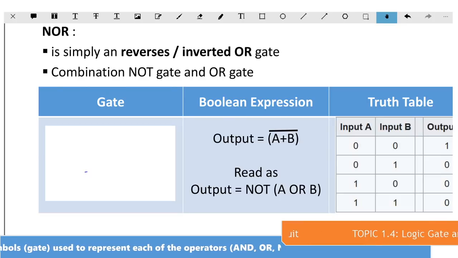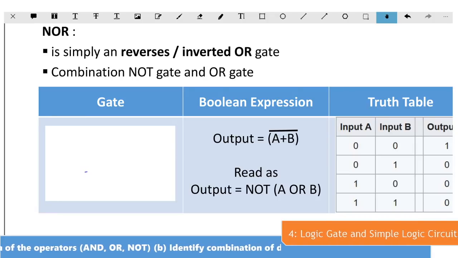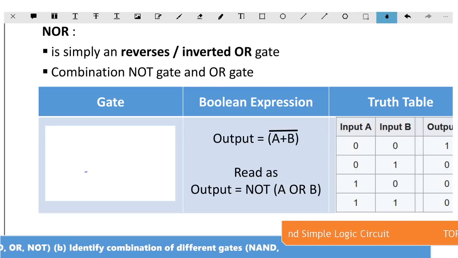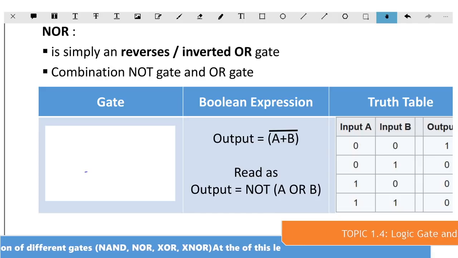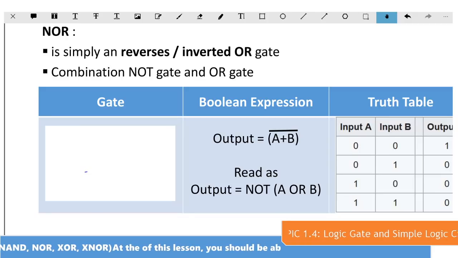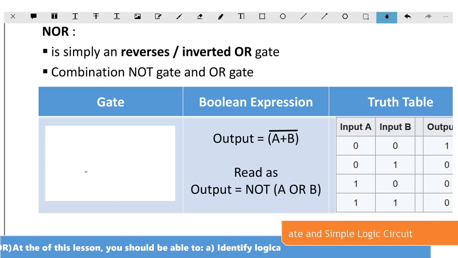Okay, next is the NOR gate. NOR gate is the combination of OR gate and NOT gate. As usual, assume A and B are inputs and Y is an output. The symbol for the NOR gate is like this.